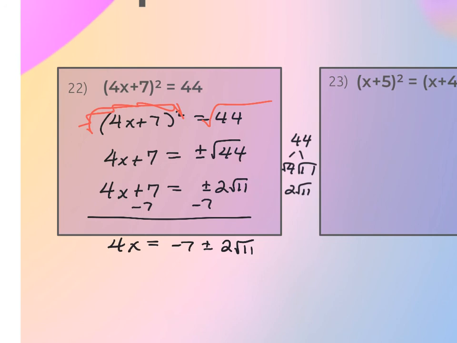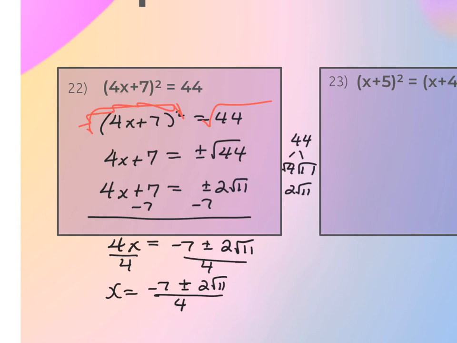And now I need to divide by 4. So x is equal to negative 7 plus or minus 2 square root of 11, all over 4. Again, nothing to simplify, so I leave it just like that.